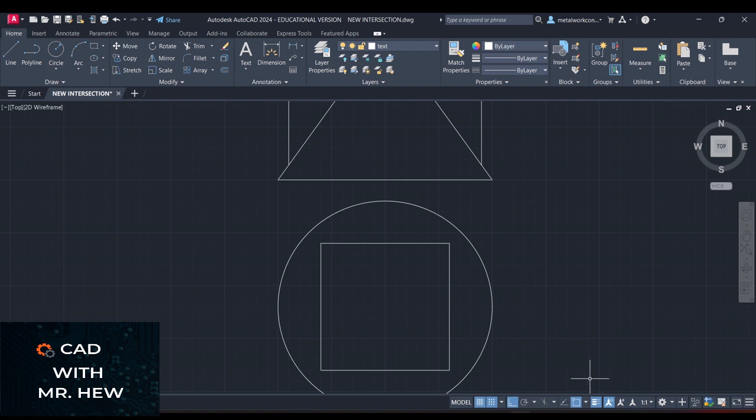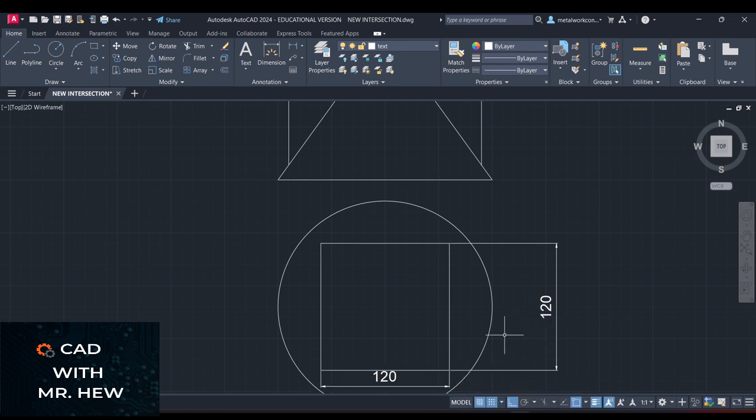Enter. Let us check if it is a square. So we're going to measure this as 120. I'm going to measure this. That's 120. So it's a square.